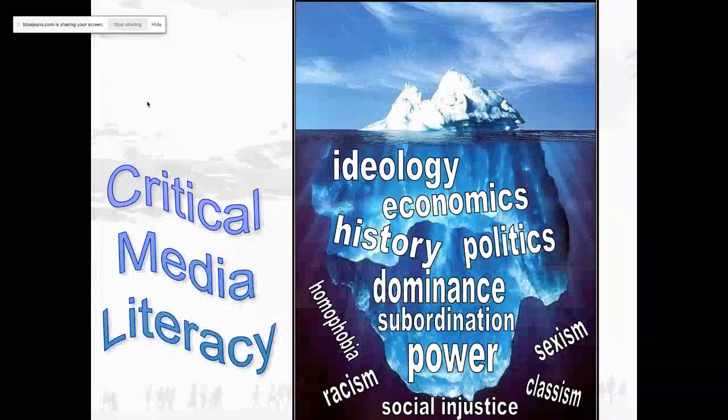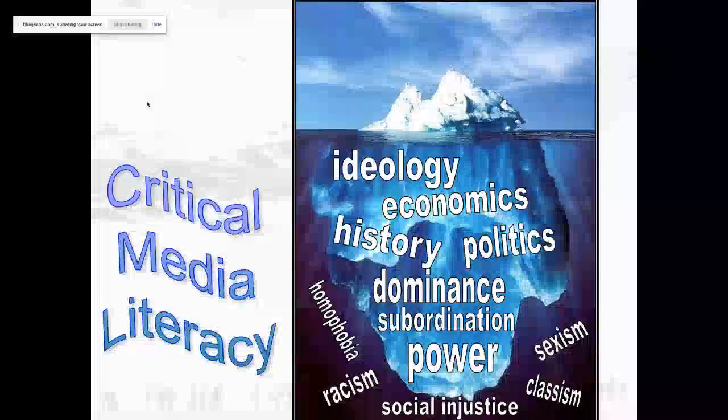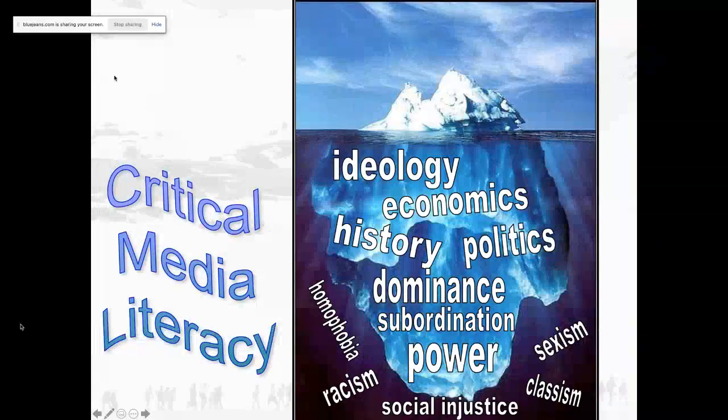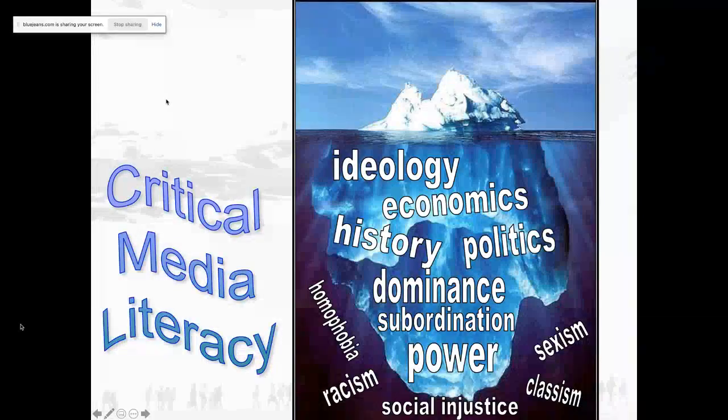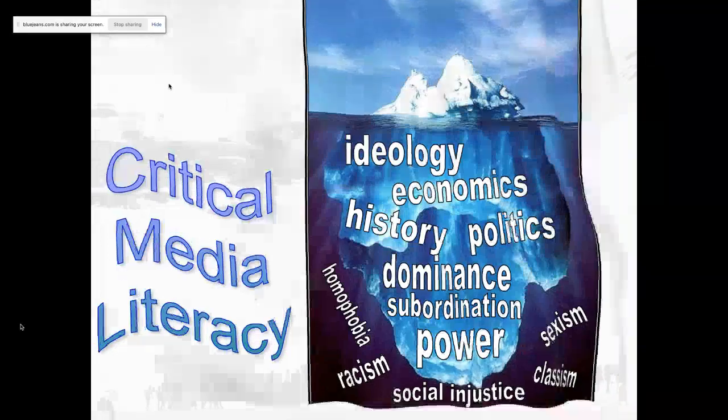And so the more that we can ask these questions, the more likely we can challenge and disrupt some of the problems of racism, sexism, homophobia, environmental crisis, all of these different things that are just part of the structures and get reproduced in the media to support those structures.